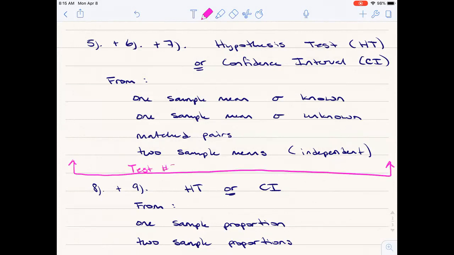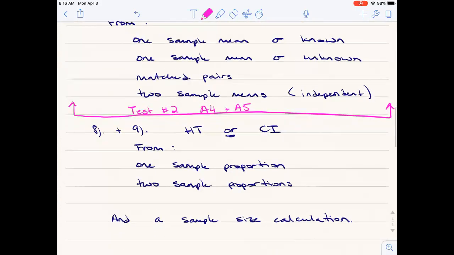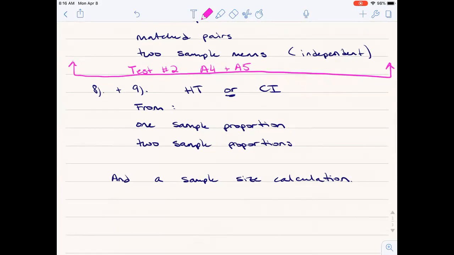So test number 2 and assignment 4 and assignment 5. So 8 and 9 are from assignment 6.